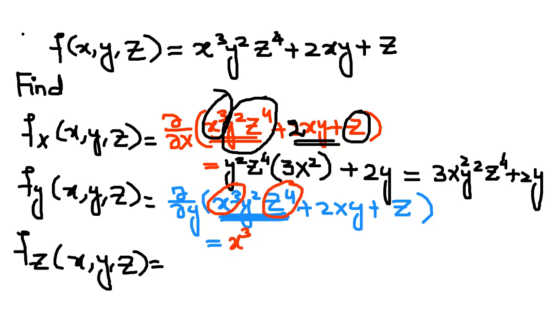You can write x power 3, z power 4. So what is the derivative of y square? 2y. Yeah, 2y. Plus, what is the derivative of 2xy with respect to y?